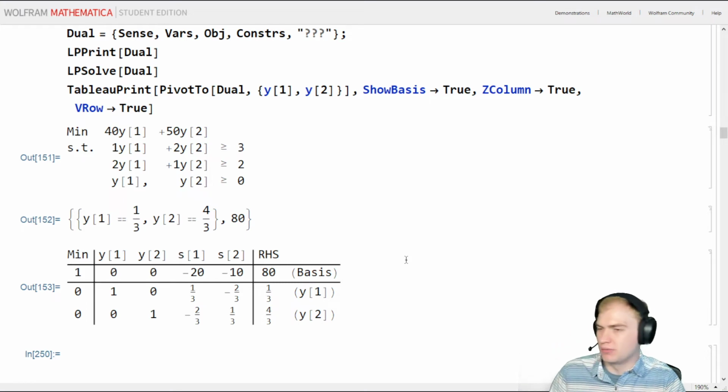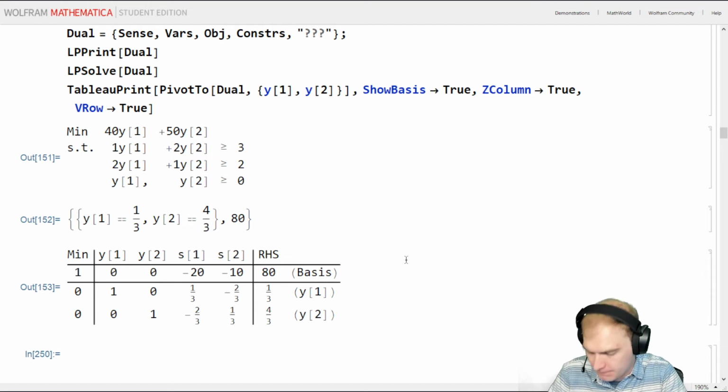How is that supposed to be computed? I'm not remembering. I thought it was the reduced cost of the slack in the dual. No, the reduced cost of the slack in the dual is the value of the optimal, of the decision variables in the primal.